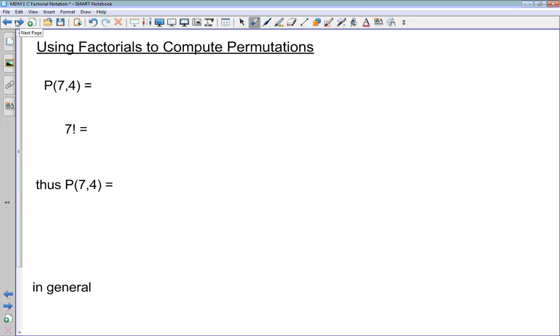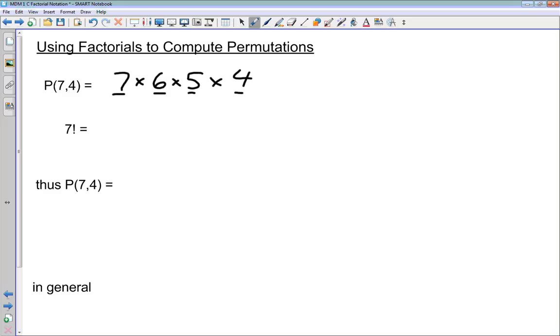So how do factorials help us compute permutations? Well, from last lesson, we know that if we're doing this permutation 7, 4, this is 7 times 6 times 5 times 4. We have 7 things that we can choose from for the first item. And this number 4 here tells us how many places we have: 1, 2, 3, 4. How can we relate this to a factorial?